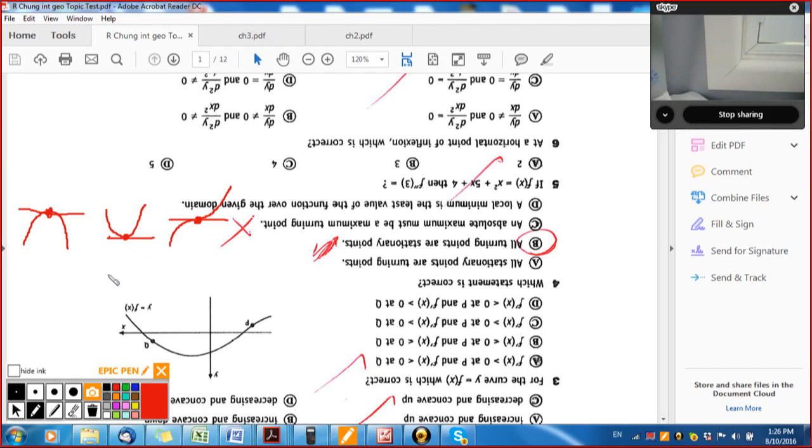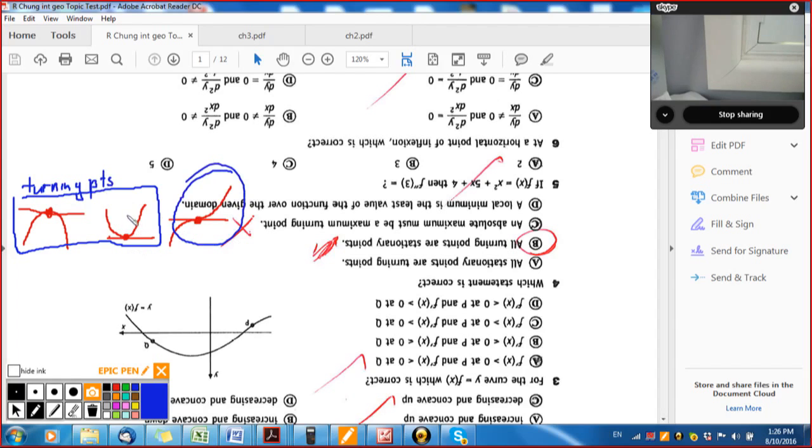Now, how many of them are turning points? All of them? No, just these two. They're turning points. And that's not a turning point.